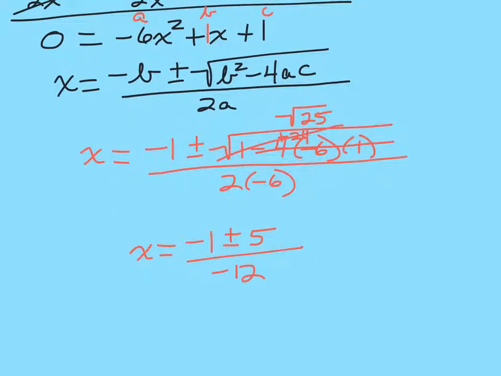Okay, so this represents two answers. Negative 1 plus 5 would be 4 over negative 12, which would make negative 1/3. Negative 1 minus 5 would make negative 6 over negative 12, which would make positive 1/2.